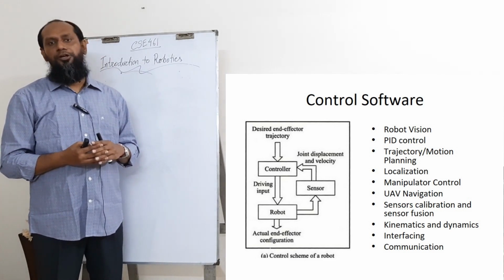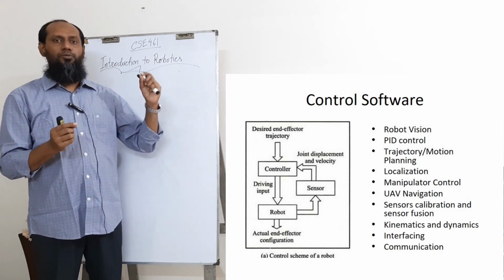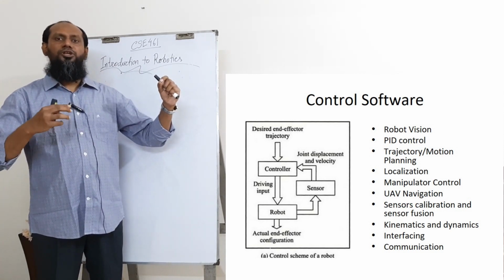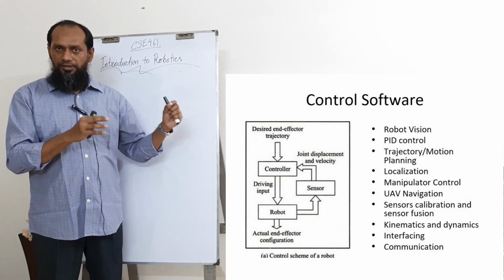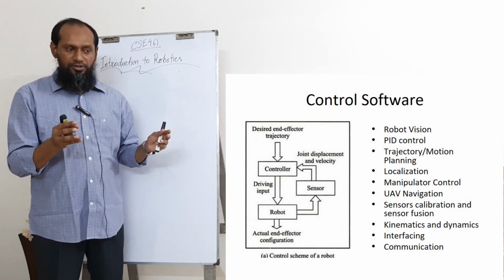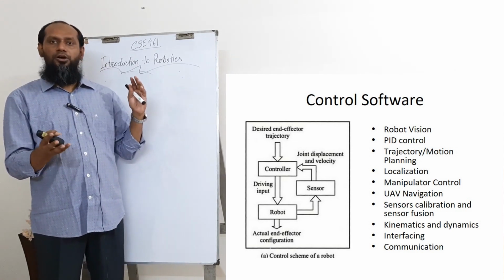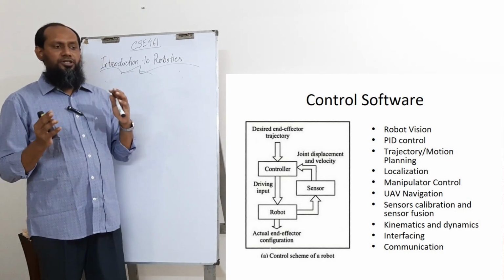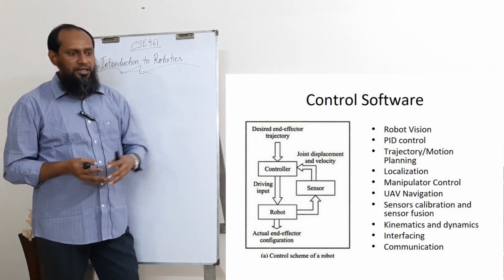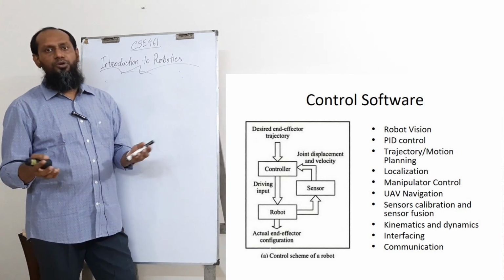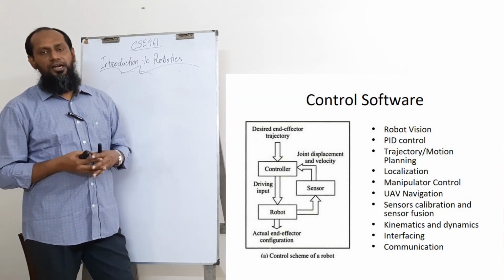Then manipulator control, like for reaching one point, which motor needs to move by which degree. That is very, very important, so to control the manipulator we need to use control software. Then UAV navigation, of course we know, unmanned aerial vehicle.